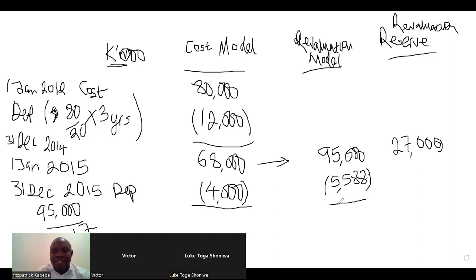So the difference, 95 minus 5,588, because that is what is going to sit in your balance sheet, is 89,412.